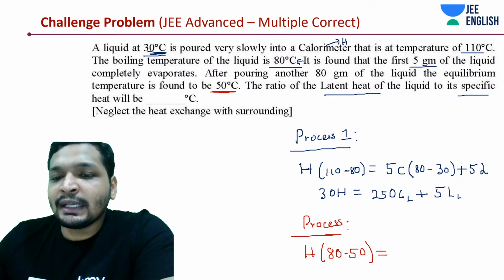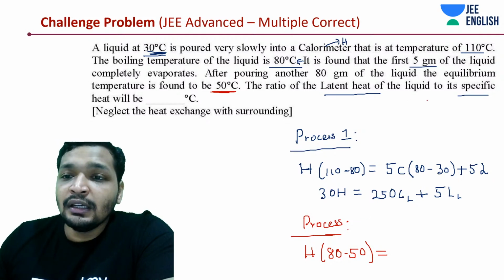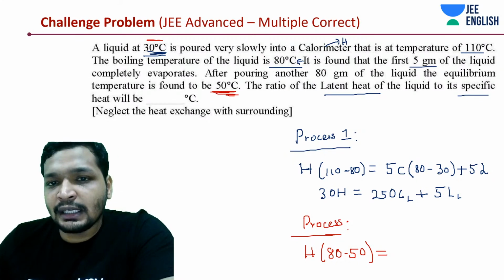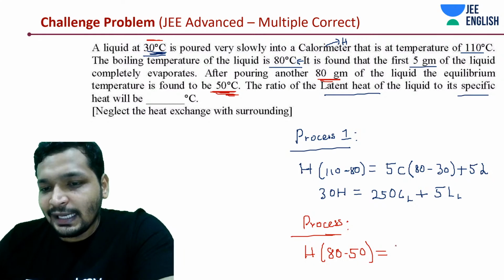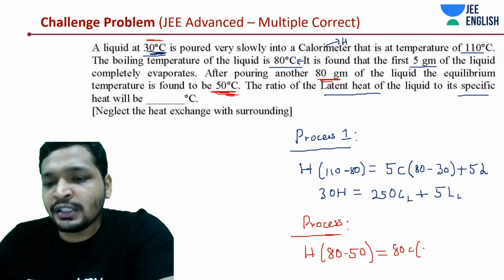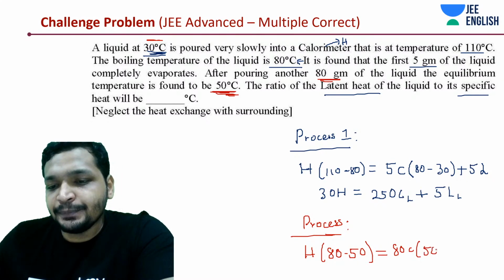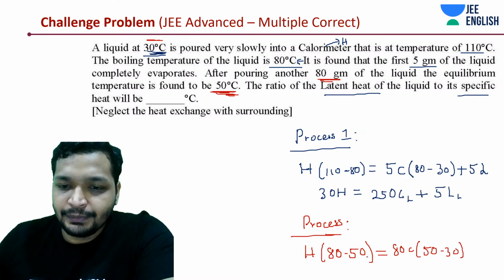And your liquid is basically getting heated from 30 degrees to 50 degrees. How many grams? 80 grams. So it's 80C into how much? 50 minus 30, that's basically 20.